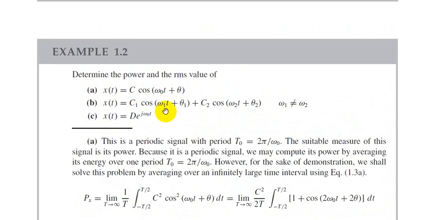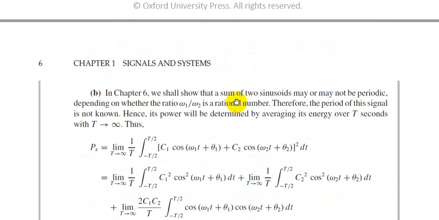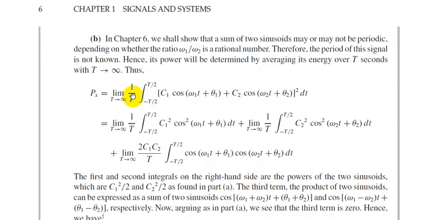Here x of t is this function, and you will do it in a similar way. This is the function (c1 cos(omega 1 t plus theta 1) plus c2 cos(omega 2 t plus theta 2)) whole square, right? You can expand this with the a plus b whole square formula, which becomes a square plus 2ab plus b square.